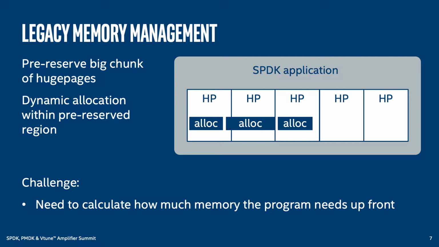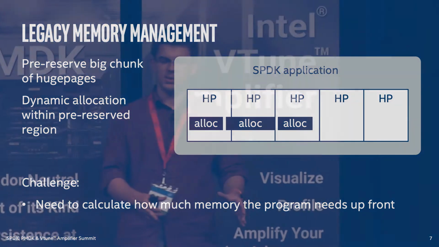And how to do this? How to retrieve that buffer? The simple answer is to use SPDK malloc. It's just like POSIX malloc, but instead it allocates DMA-able memory.